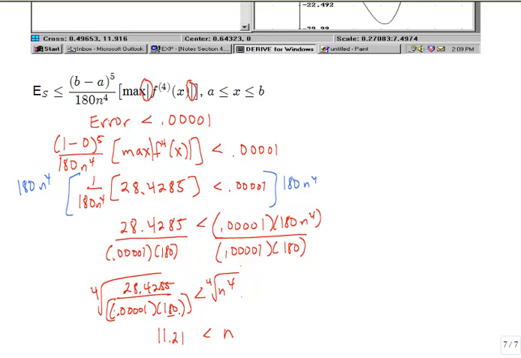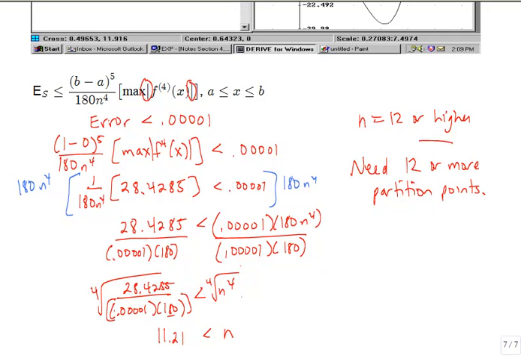So you want to take at least one higher, right? We want our n to be 12 or higher. So we need 12 or more partition points in order to get that desired accuracy.